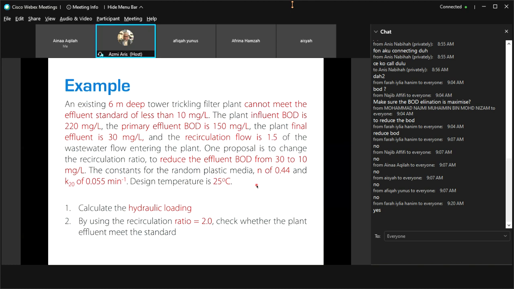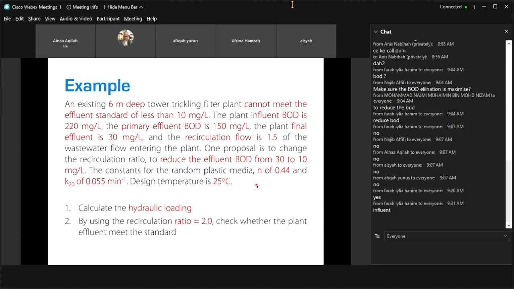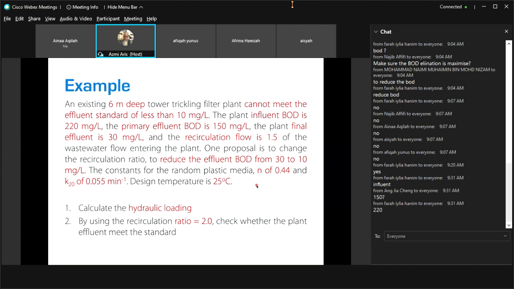The value of our LI. 220 or 150? What is the value of our BOD influent, LI, coming into the trickling filter, 150 or 220?